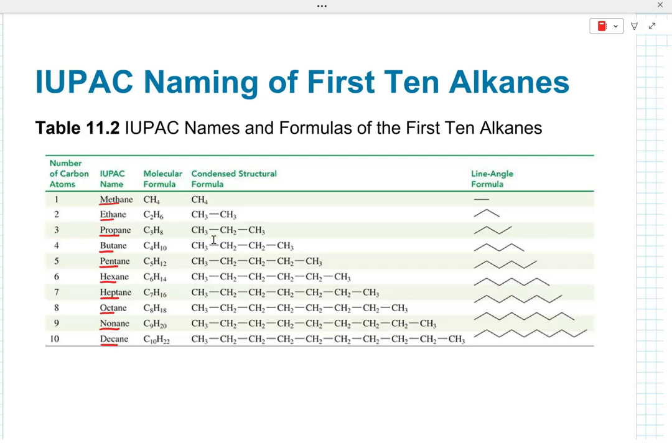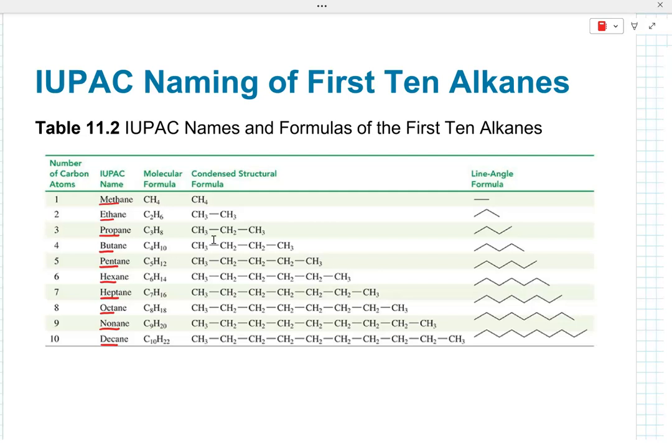Now, can you please help me find a mistake in this table? To be exact, 10 mistakes. Or 1, yes. In the number of carbon atoms, the line angle formula, would that be 2 carbons? Exactly. Line angle formulas are shifted 1 step up.